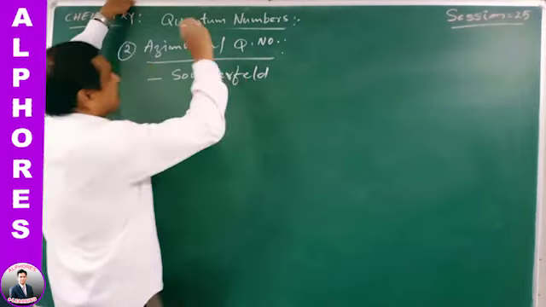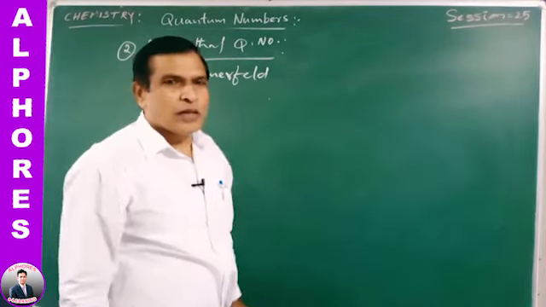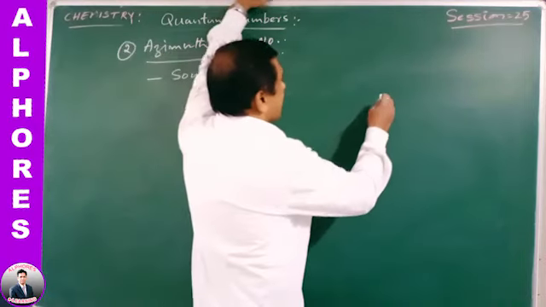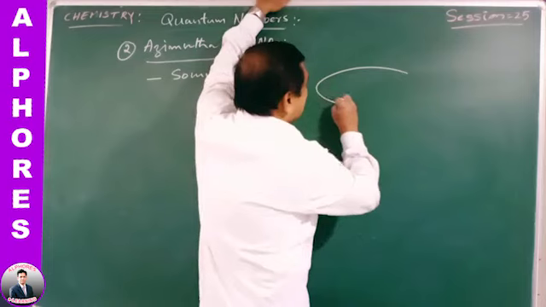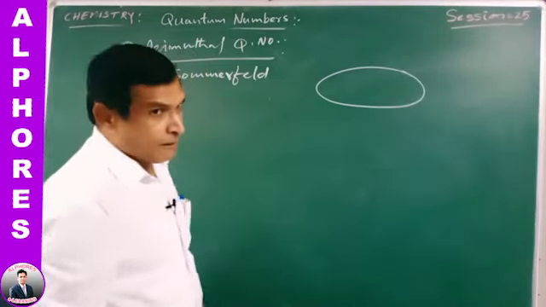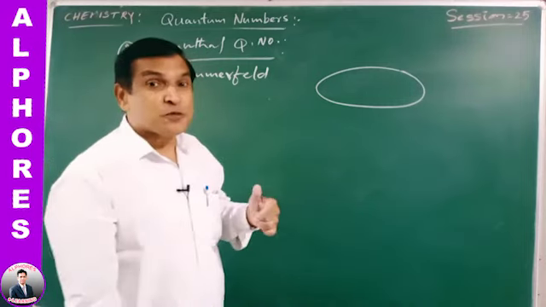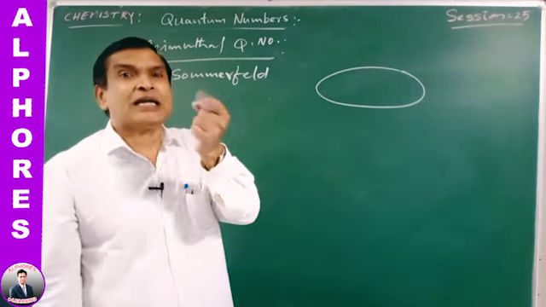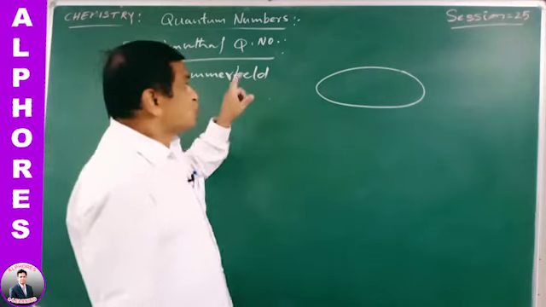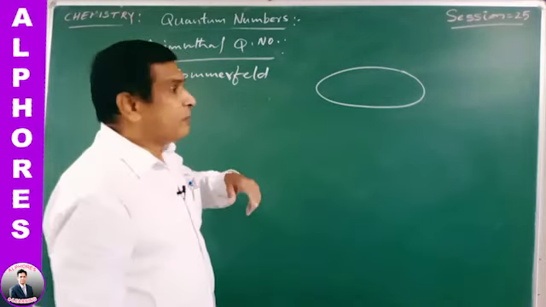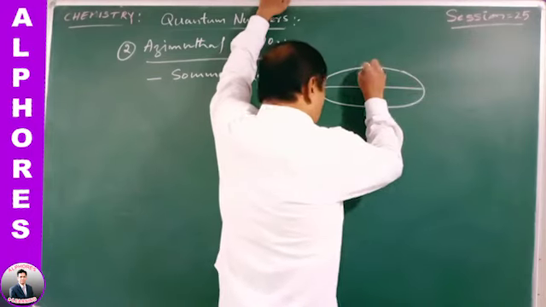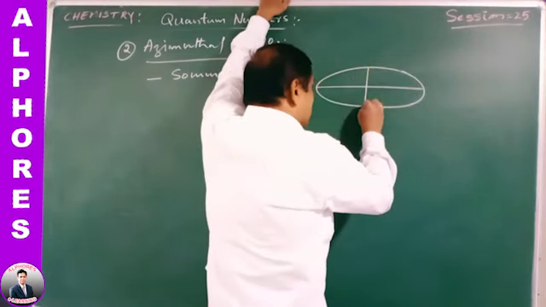Sommerfeld introduced elliptical suborbits to explain the angular momentum of the electron. Got it? To explain the angular momentum of the electron.